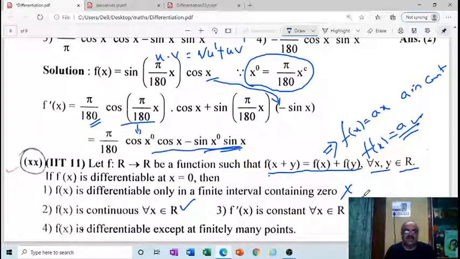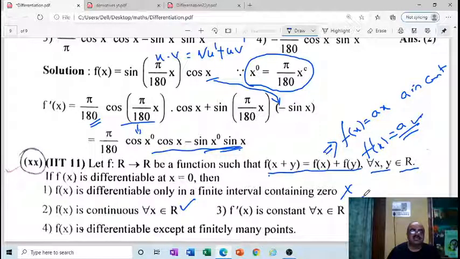So second is correct: f of x is continuous for all values of x which belong to R. And third is also correct: f dash of x is constant for all values of x which belong to R.